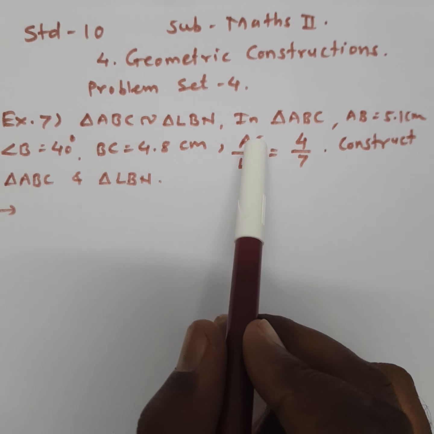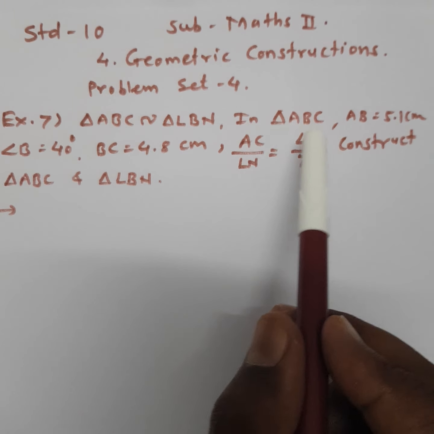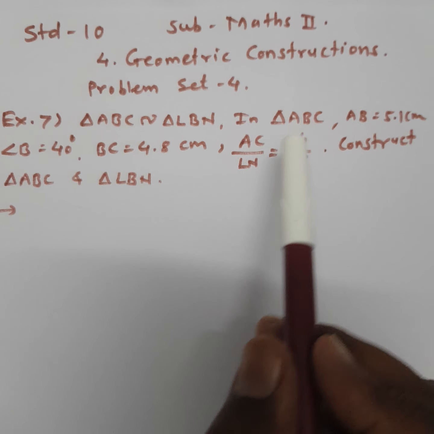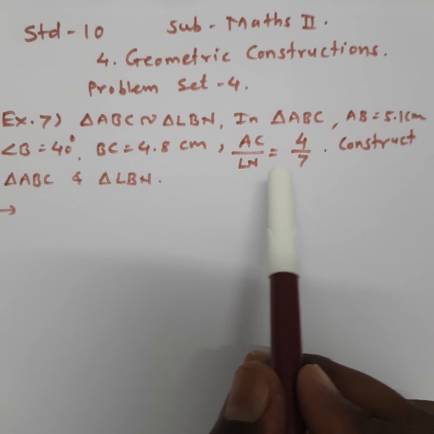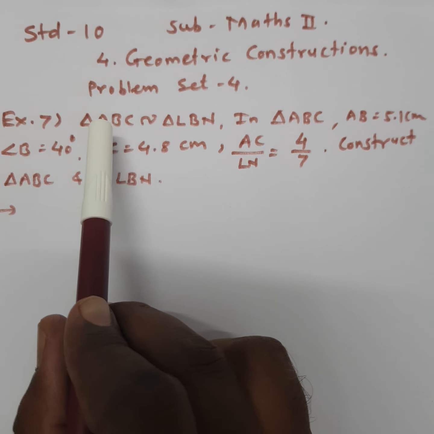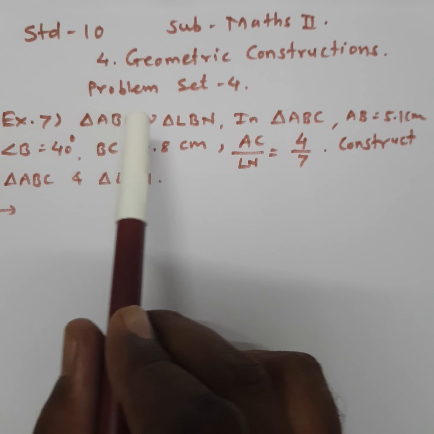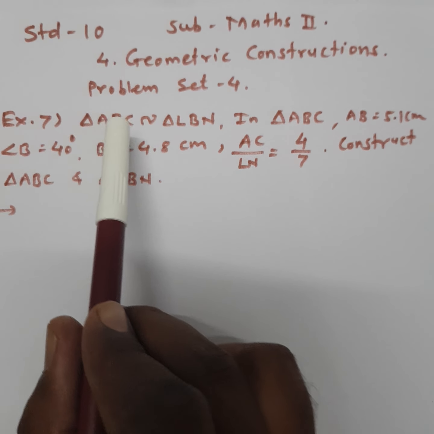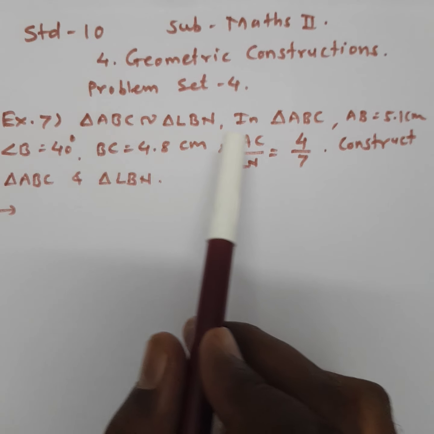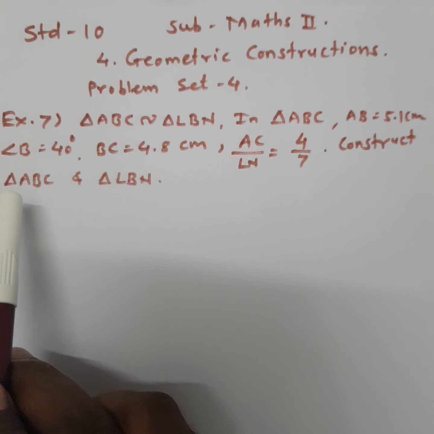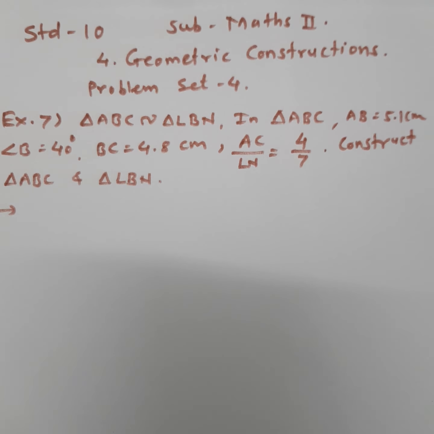Here in that proportion AC is 4 and LN is 7, means triangle LBN is a larger triangle than triangle ABC, or triangle ABC is the smaller triangle. Construct triangle ABC and triangle LBN.